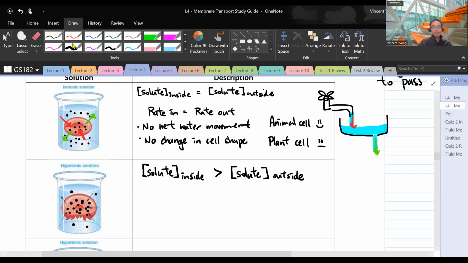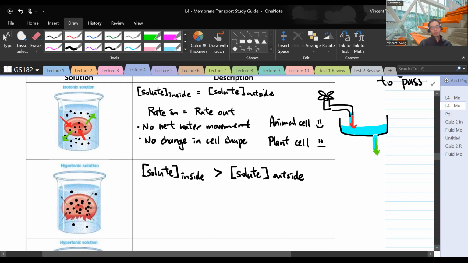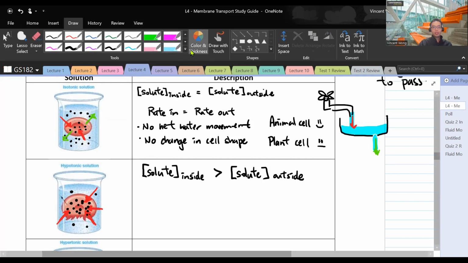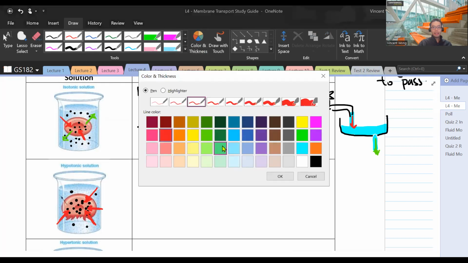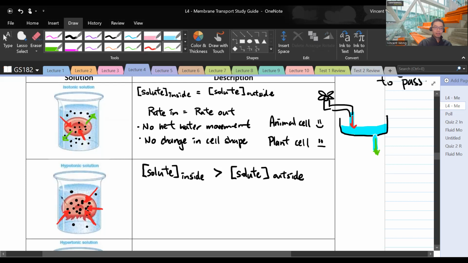In this case, you would have more water coming in. Remember, the water always goes towards the side that has higher solute concentration. So you would have more water coming in than leaving.